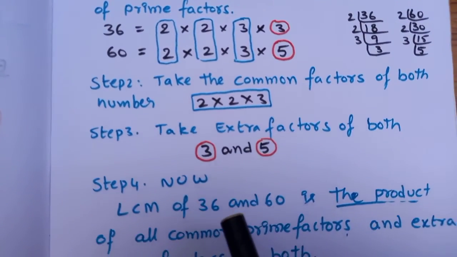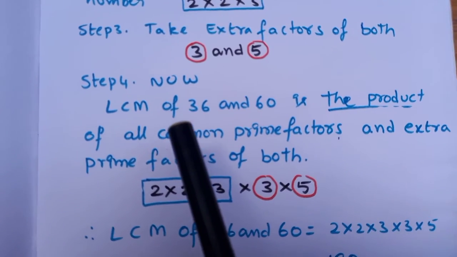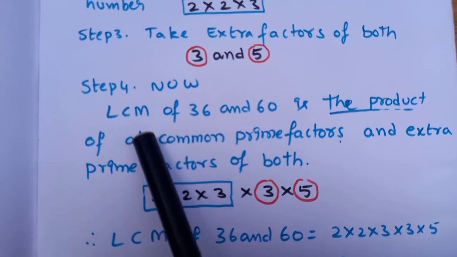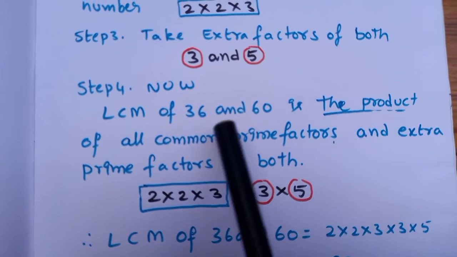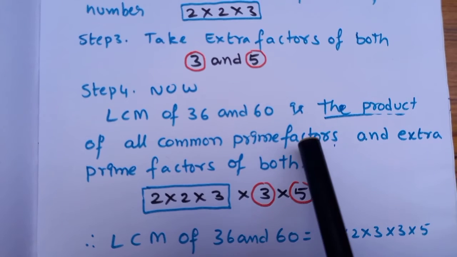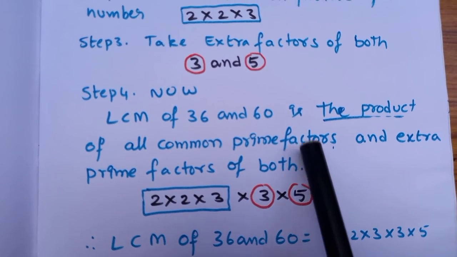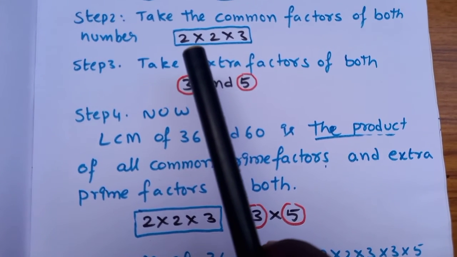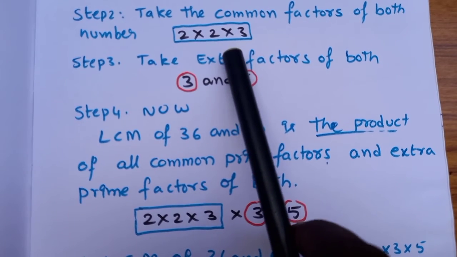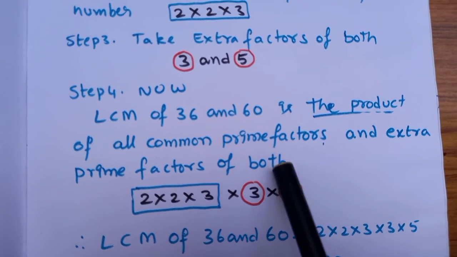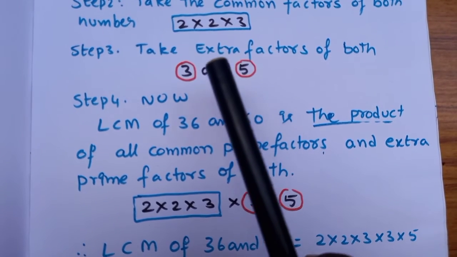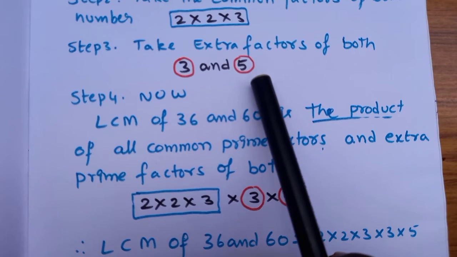Now coming to the fourth step. The LCM of 36 and 60 is the product of all common prime factors and the extra prime factors of both. In the above, common prime factors are 2 into 2 into 3, and extra prime factors are 3 and 5.